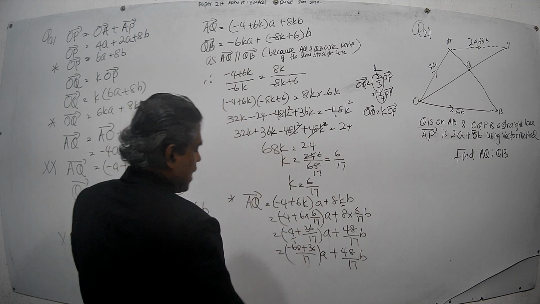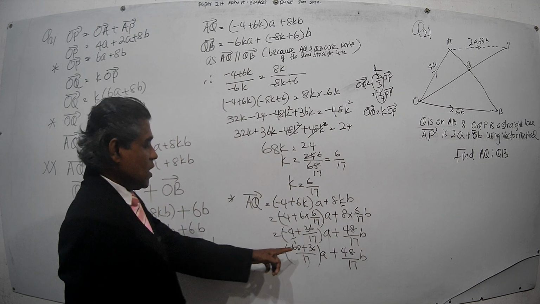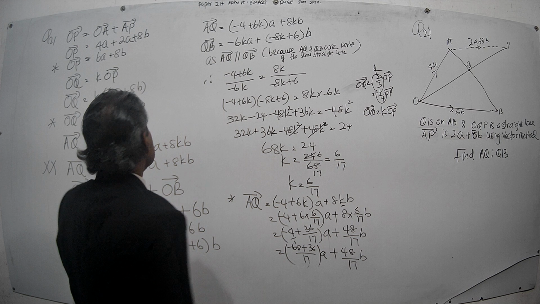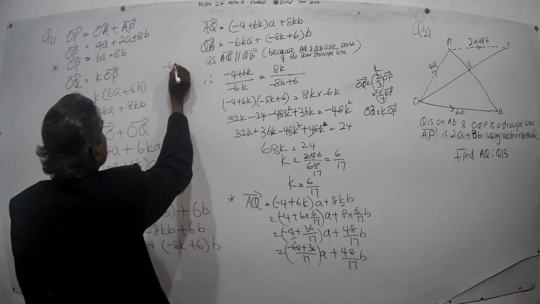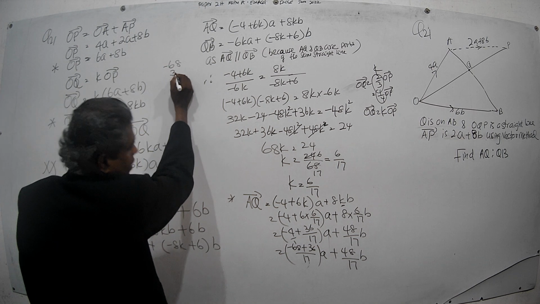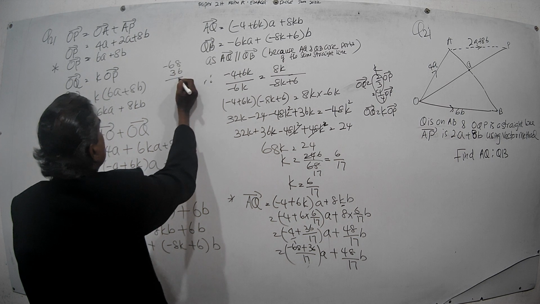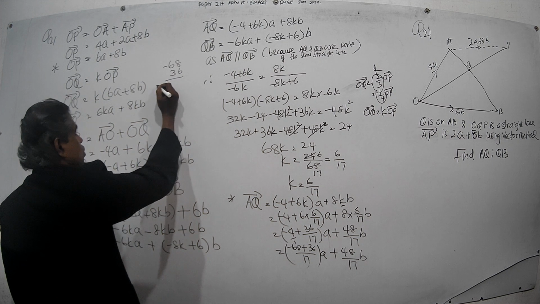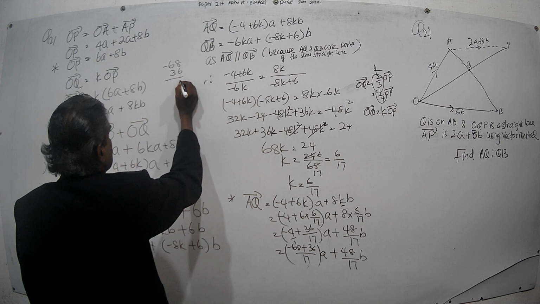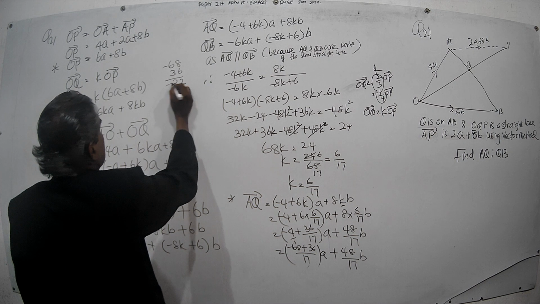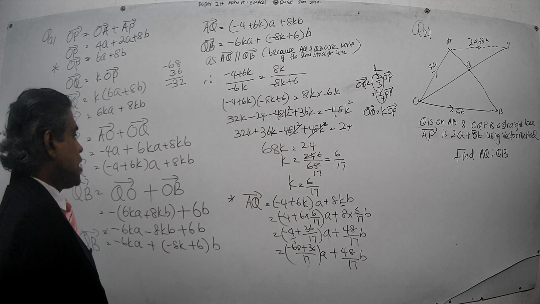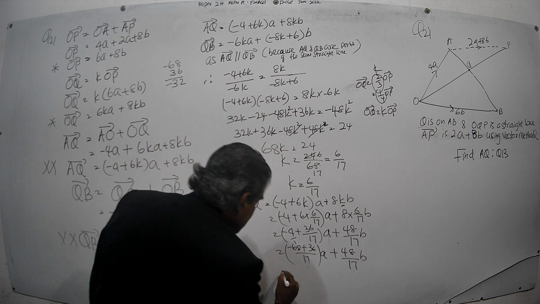Now if we add this minus 68 and 36, how much? Minus 68, 36. Here two different signs, so subtract. Here it is 2, here it is 3. Minus 32. That is minus 32. Then you can write your answer.